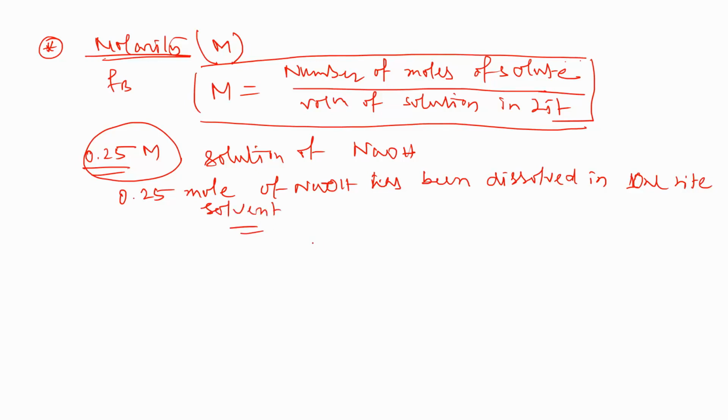Okay, so that means in 1 liter, 0.25 mole NaOH is present. Also we can say the unit of molarity is moles per liter.